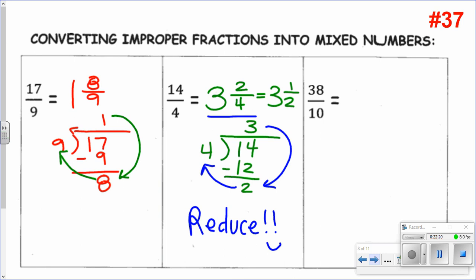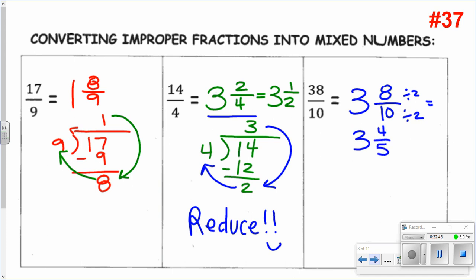All right, so the third one, 38 divided by 10. So 10 goes into 38 3 times, and then we would have 8 left over. Keep our denominator of 10. Okay, now let's reduce. So the greatest common factor is 2. So when we divide by 2, we get, I'm going to move it down here, 3 and 4/5.